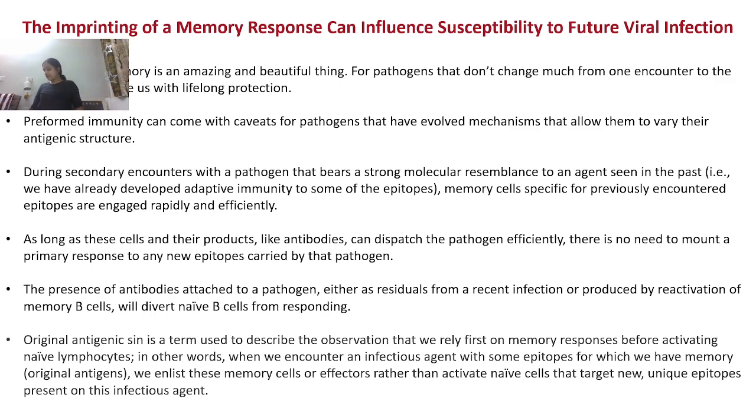So whenever a new pathogen comes and the immune system sees that it has somewhat seen it but not fully, it will try to activate the memory cells first rather than the new B cells to mount an immune response. That will take some time, because your memory B cells get activated, then decide no, this is a completely new pathogen, so my new B cells have to get activated. So that takes more time.